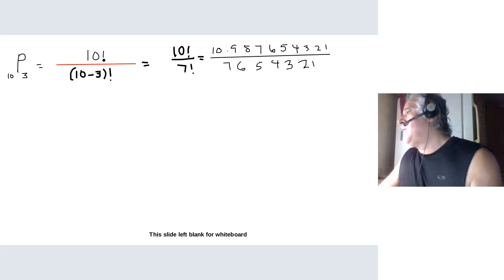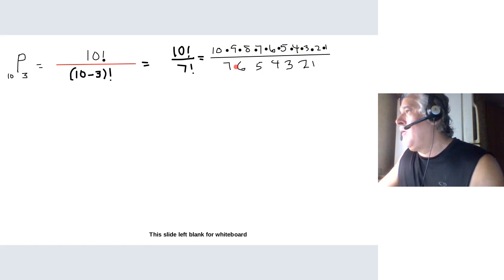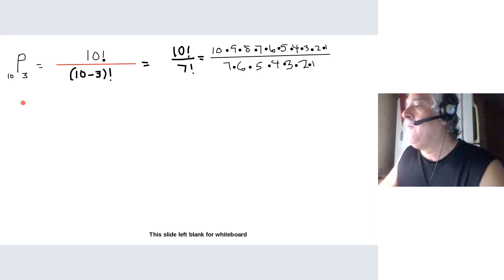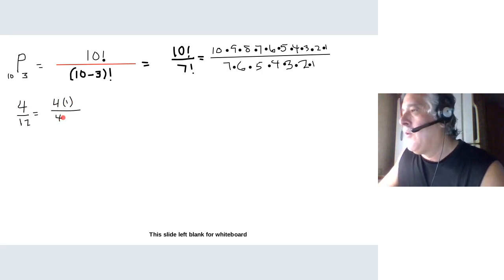All right, so now all of these are being multiplied, and that's important because if you think back to the idea of a fraction, like if you have 4 over 12, the reason why this reduces down to 1/3 is because you have 4 times 1 and 4 times 3.